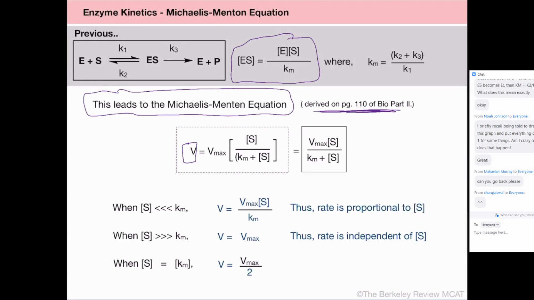Again, like we did before, the best way to understand an equation like this is to start plugging in the extremes and noticing what happens to the reaction velocity under different extreme parameters. So what happens if our Km is much, much greater than our substrate concentration?